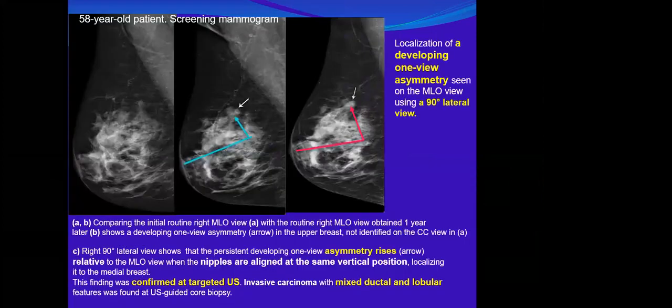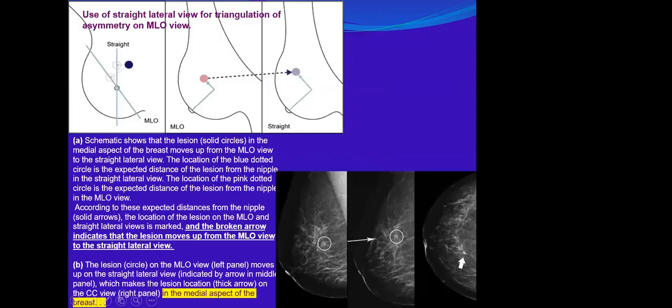I don't know why it was moving. Before, I had put these lines correctly, but even like this, it is correct. Obviously this line is longer than this one. You see, this one represents a higher position.